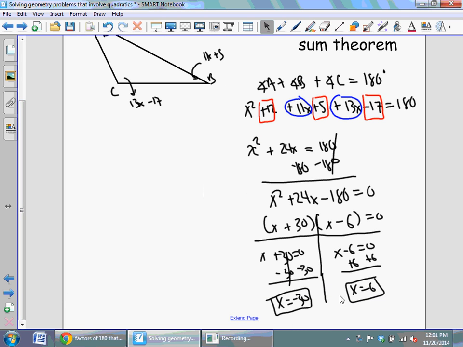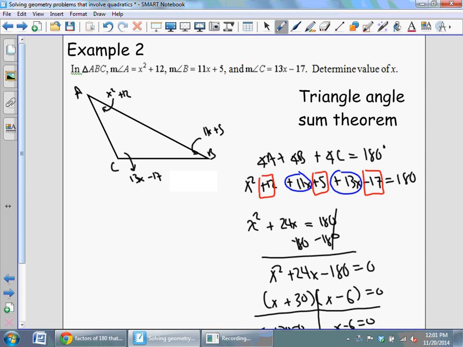I'm going to pick x equals 6. X equals 6 is the answer, and I'm going to explain to you why in a second. Let me just write answer here. And I'm going to reject the negative. The reason I reject the negative is because when I plug that negative into, let's say, angle B, it's going to give me a negative answer for an angle, and we know angles can't be negative.